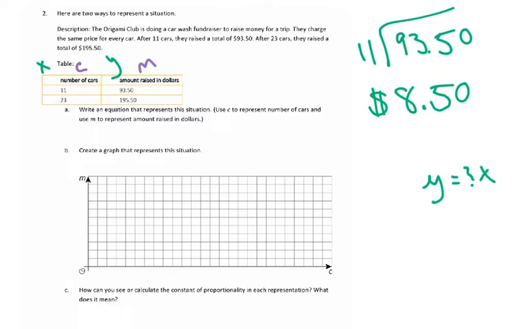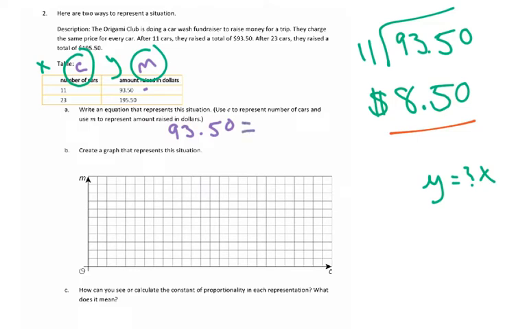And that's why it was important to figure out the cost per car. Because if I have to use these, C and M, I needed this number. I actually had to look at this problem for a while myself to figure out how to write it correctly. So to write this equation, we're going to start with our Y value, 93.50 equals.